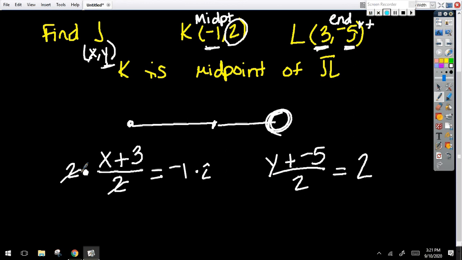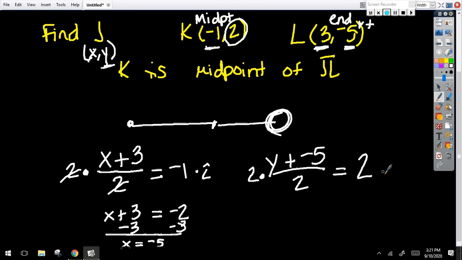And I'm going to add this 5 to the other side. And I get 9. Right? So now I know that the coordinates of J are negative 5, 9.